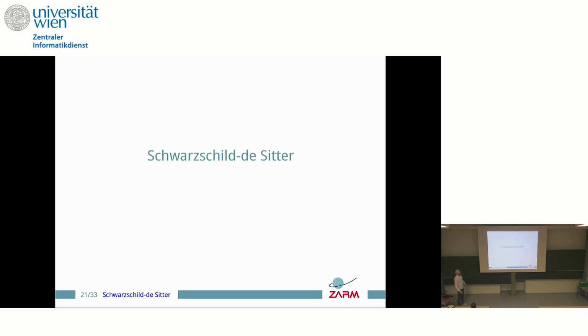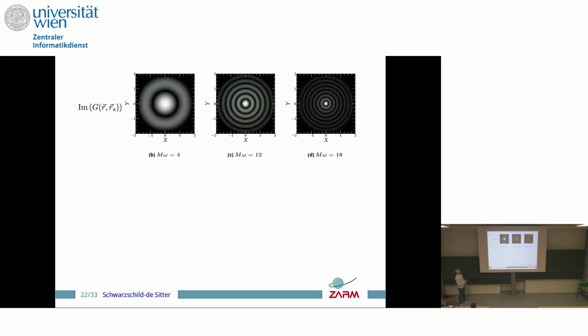Okay, Kerr-de Sitter is what I want to show in the beginning. In the upper row, you see the imaginary part of the Green's function on the observer plane. And what you can see by variation of the frequency is that the concentric circles of the interference get finer and finer, which is not very surprising.